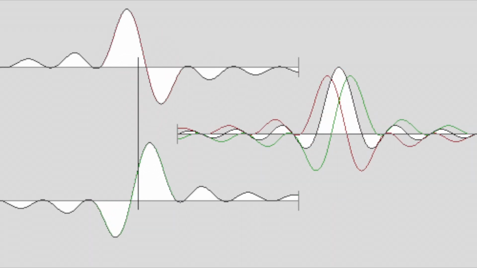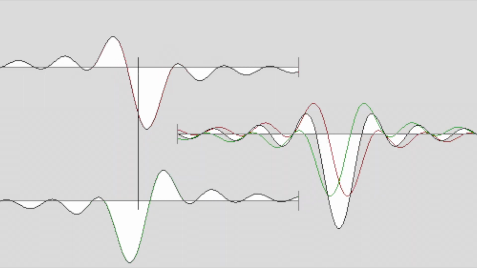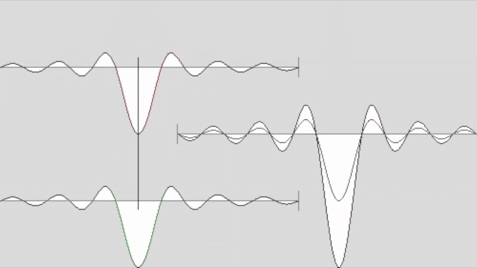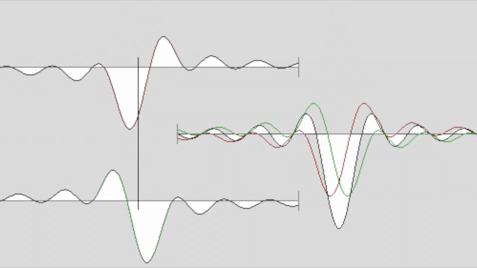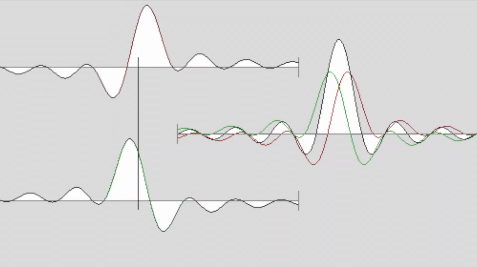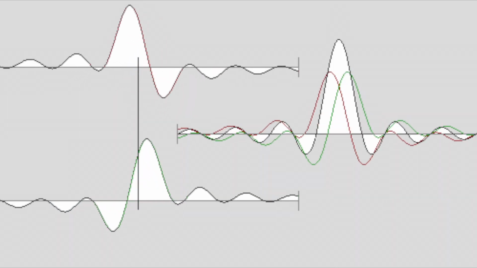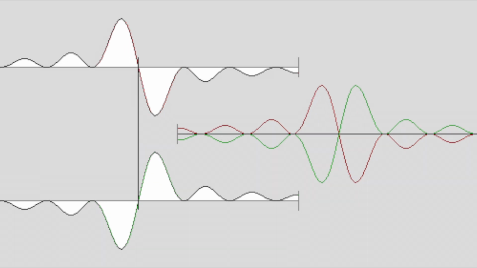And so you can imagine that this red wave at the top is basically like the electron before it actually interacts with the sample. This is right after it's fired out of the microscope. And then the green one on the bottom is the one that you detect after it's already gone through the sample.